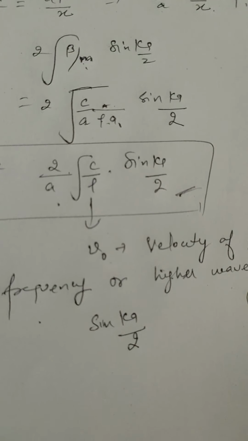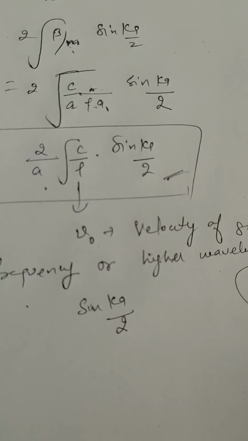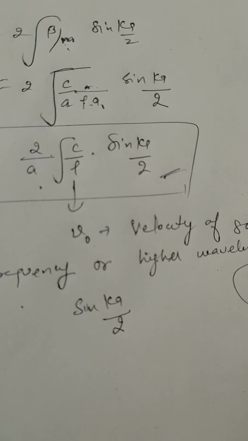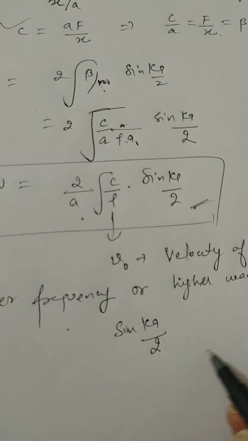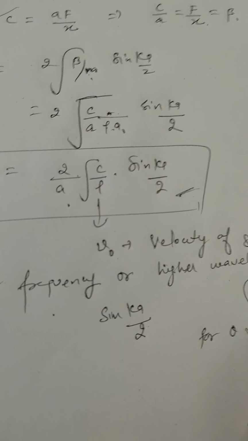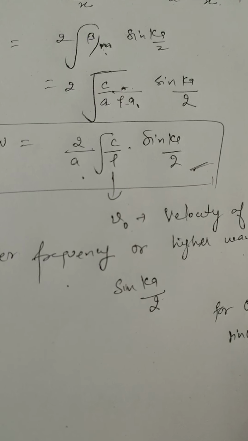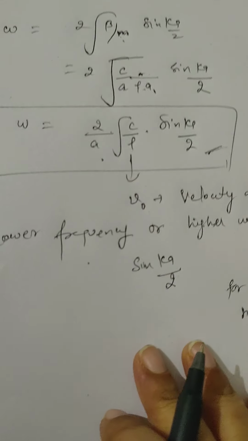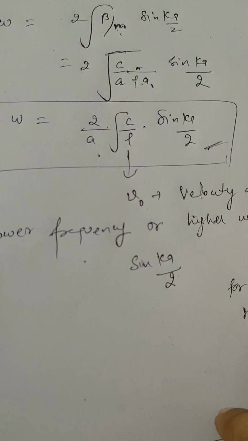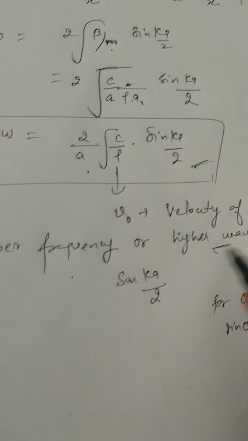So for the higher wavelength, which is in the denominator, theta will be less than 1, and sin theta is equal to theta. Sin theta will become equal to theta for theta less than 1 for the higher wavelength case.